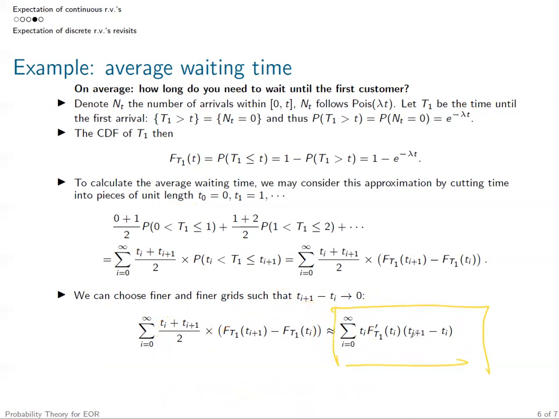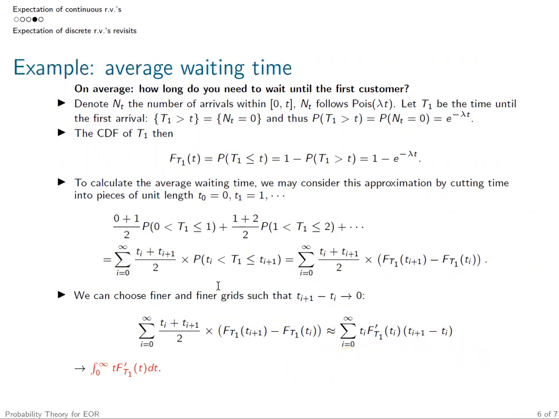If we let t_i plus 1 minus t_i shift to 0, if we look at this formula, that's exactly the definition of the Riemann integral of this function, t times the derivative of the CDF function. And this actually is the definition of expectation of a continuous random variable, okay?